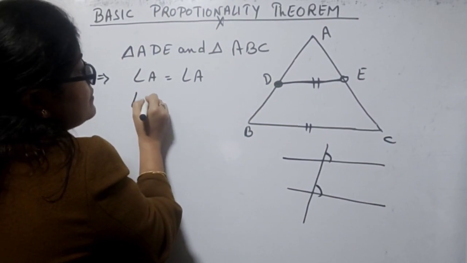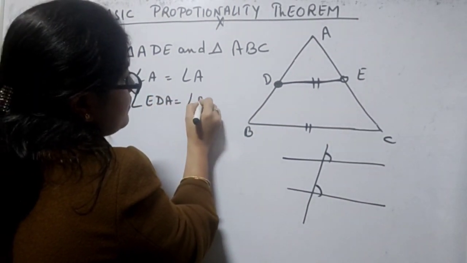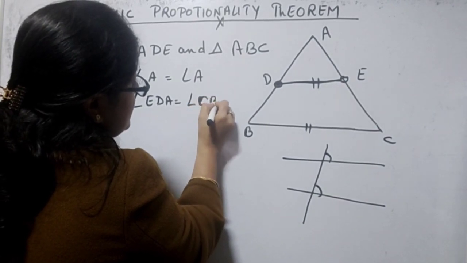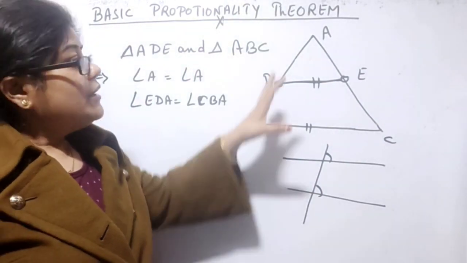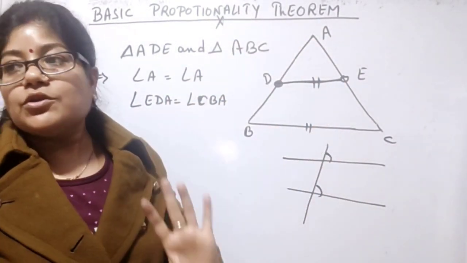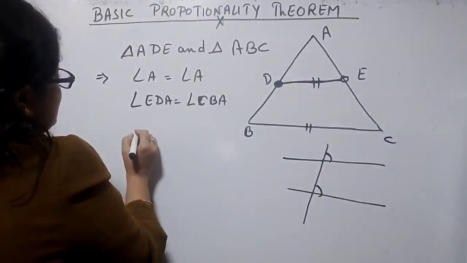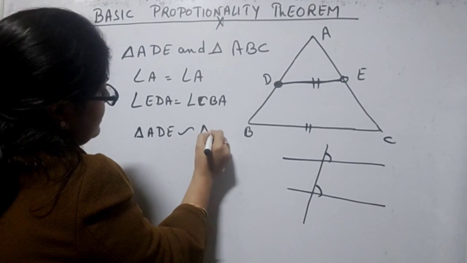Then angle EDA is equal to angle CBA because of the corresponding angles. Now in the smaller triangle ADE and the bigger one ABC, we got two things. Now we can easily write triangle ADE is similar to triangle ABC.